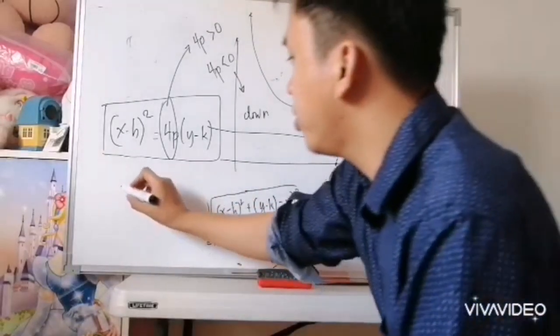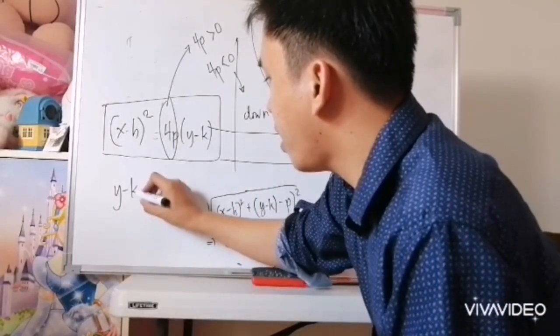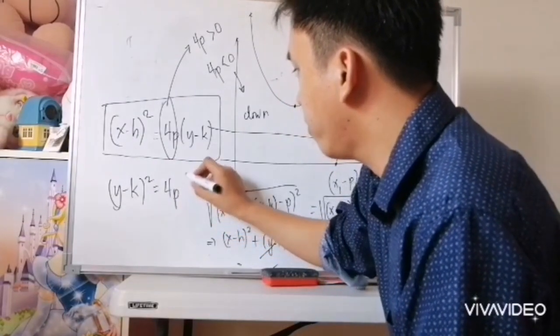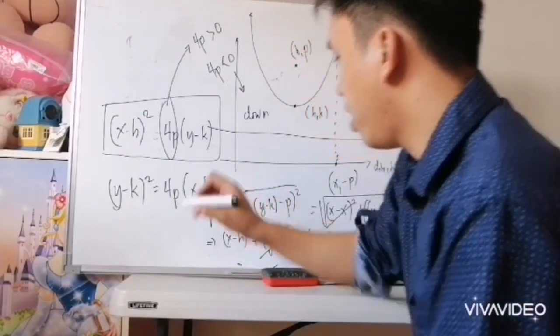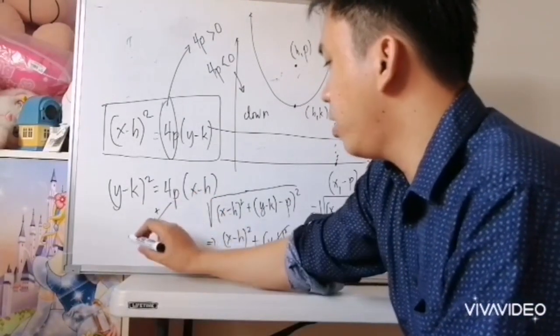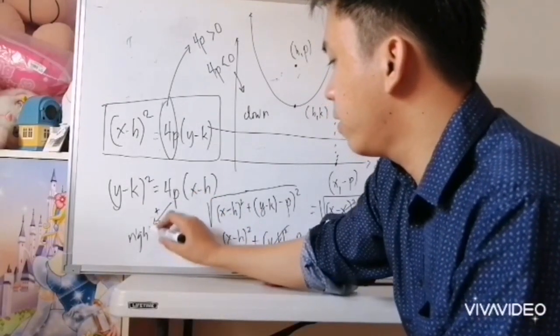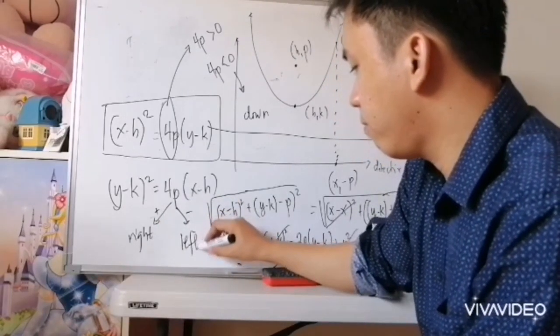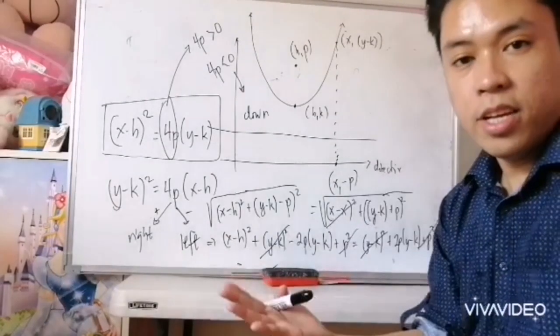You just get y minus k squared equals 4p times x minus h. If this is positive, it opens right. If this is negative, it opens left. That's it.